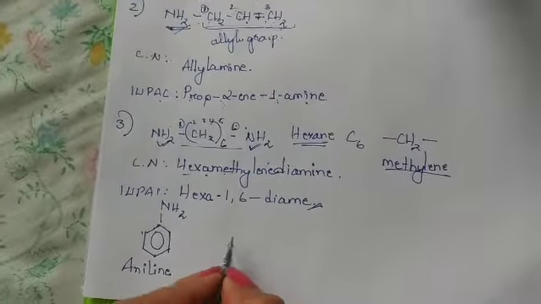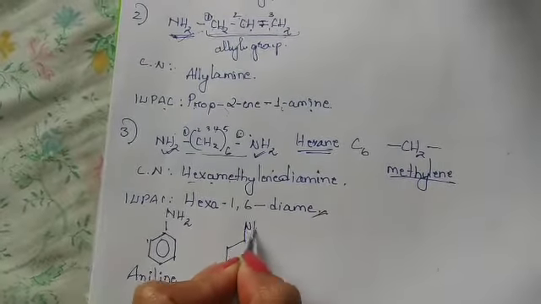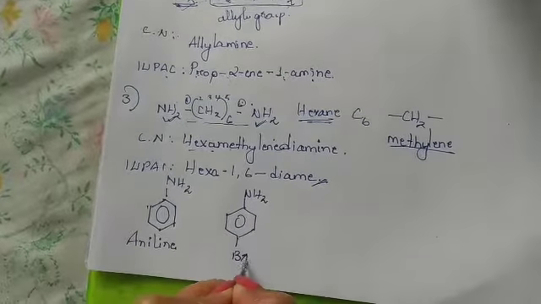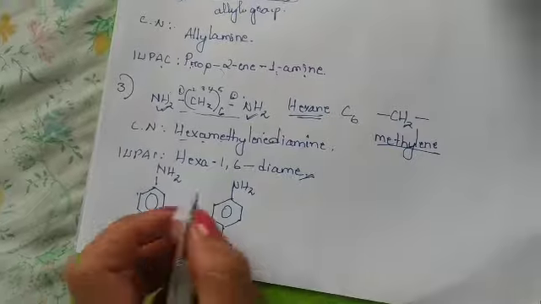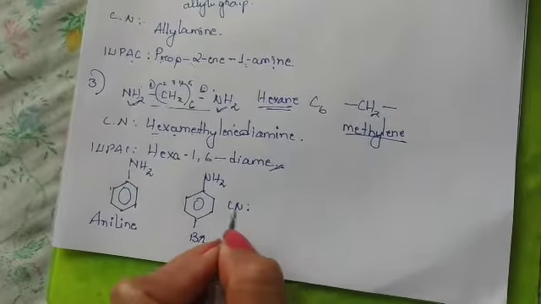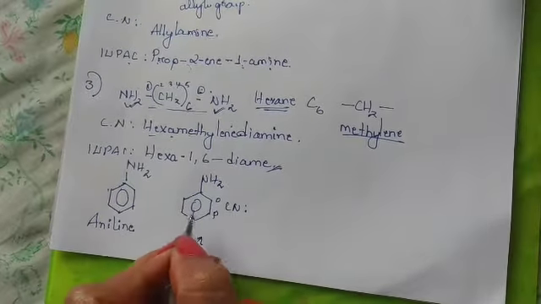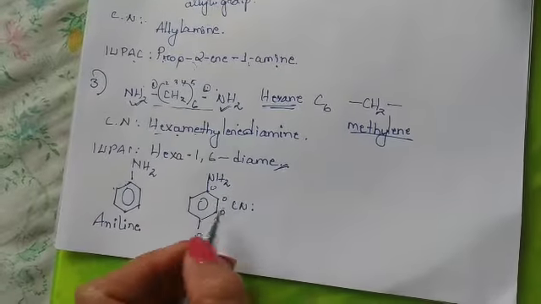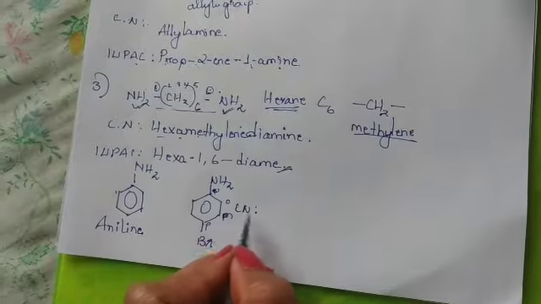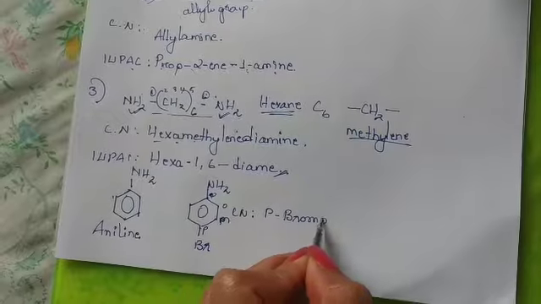Therefore, now if this aniline is substituted with Br, the common name for this will be, this is the ortho position, ortho, meta, and the para position. Therefore, this will be para-bromoaniline.